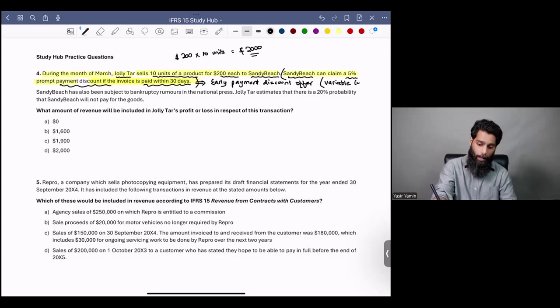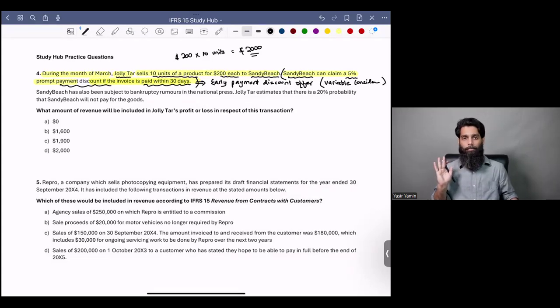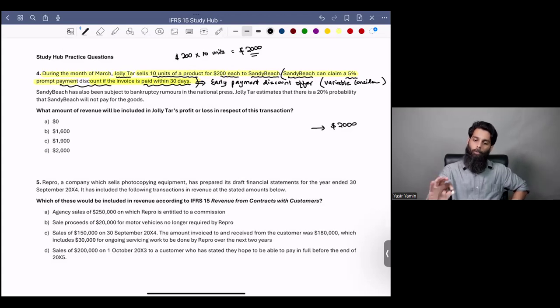Guys, we studied in our class that variable consideration could be positive or could be negative. Can I say this is a negative variable consideration for us? Because we have sold a certain amount of goods for $2,000, but it is certain that a 5% discount will be applicable such that $100 will not come to us. The true consideration for this transaction should be 1,900.